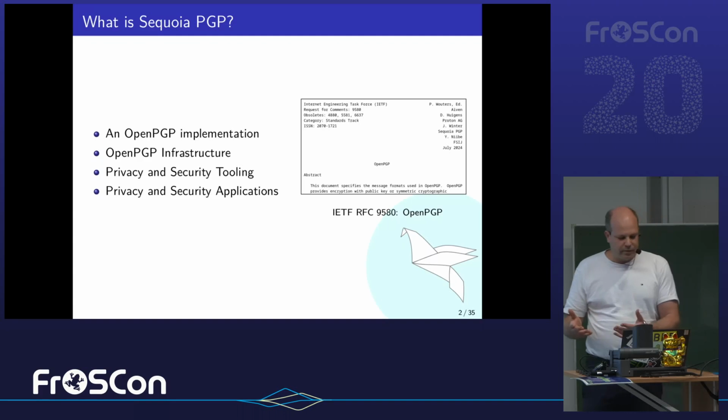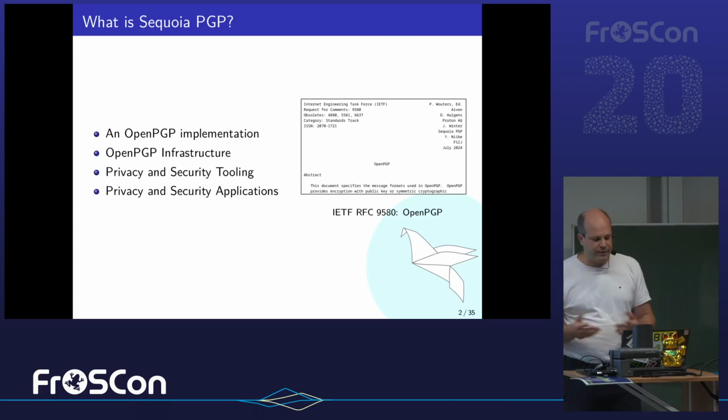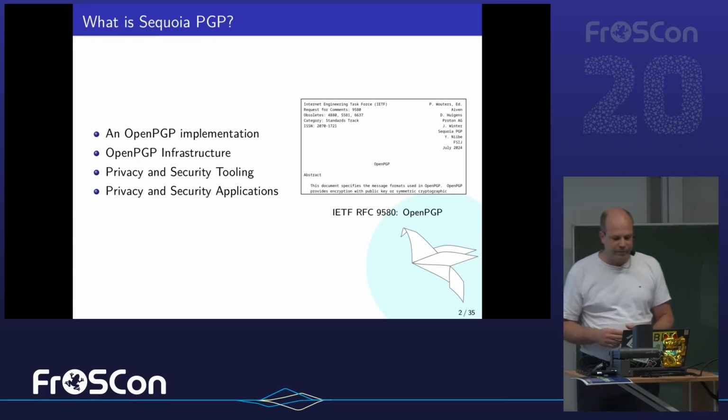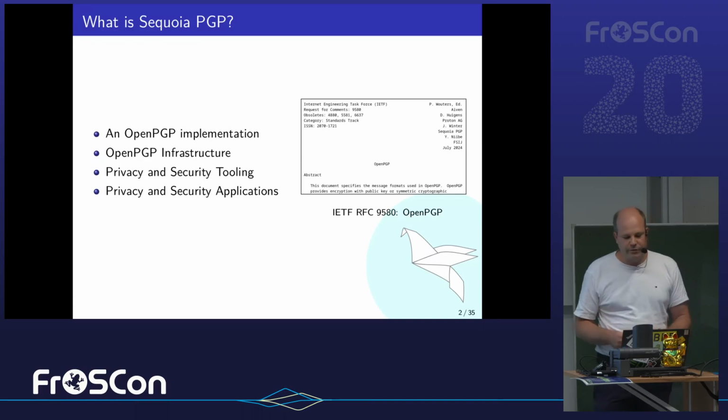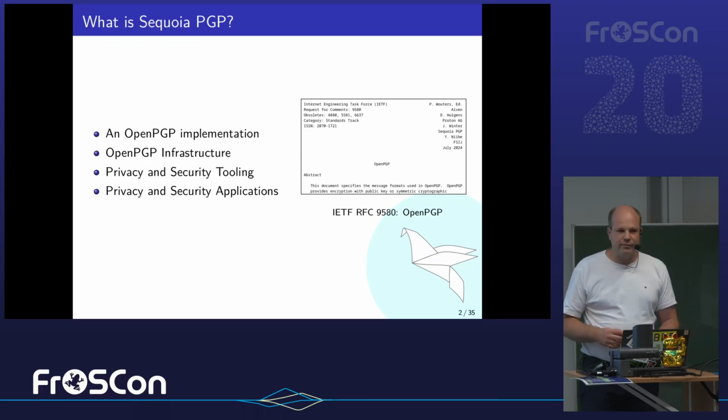There are services like daemons that run on your computer and provide a smoother interface. It's also privacy and security tooling. So SQ is a command line interface, it's a tool. This is an example of one of the tools that we have, but we also have other tools. And we also are interested in doing privacy and security applications.